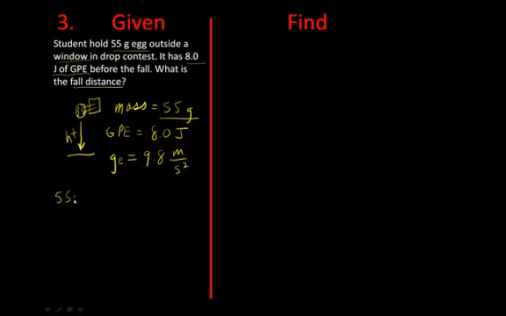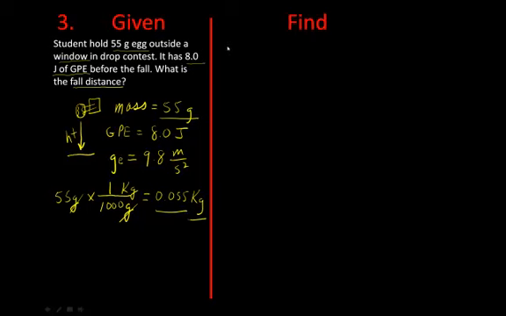So 55 grams times, and we need a conversion factor. We want it in kilograms, so that has to go on top. And we need to cancel the grams. Grams goes down below. And for every 1 kilogram there is 1,000 grams. So now we can cancel the grams, and 55 divided by 1,000 is 0.055 kilograms. So now we have an SI unit that we can use in the equation because it's in kilograms.